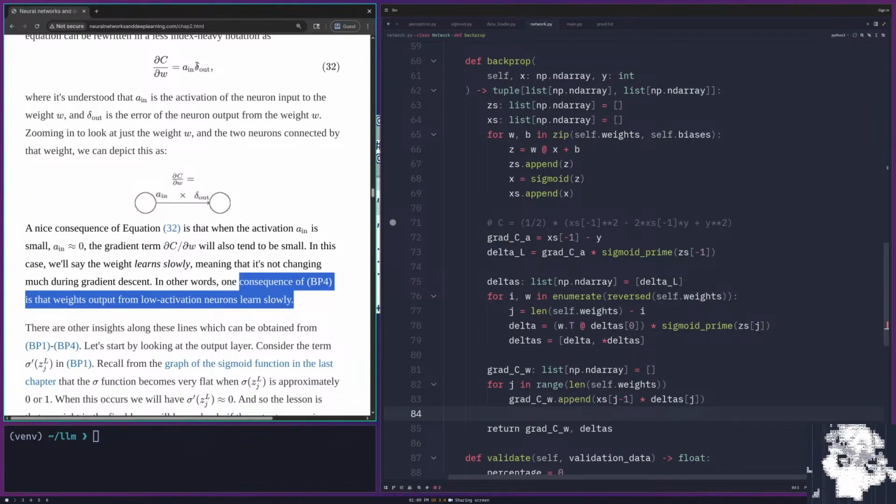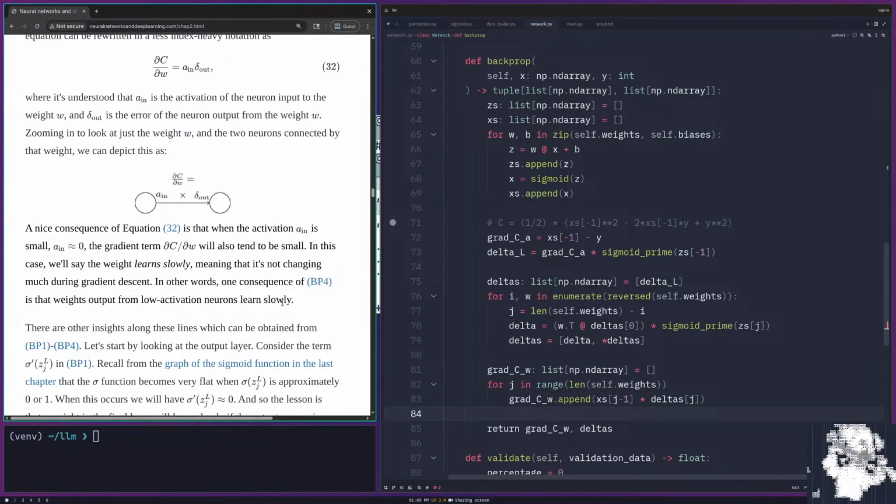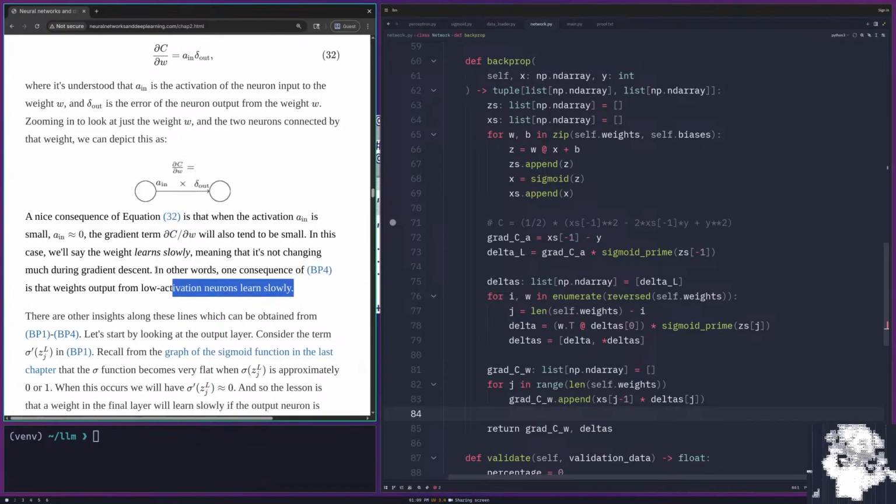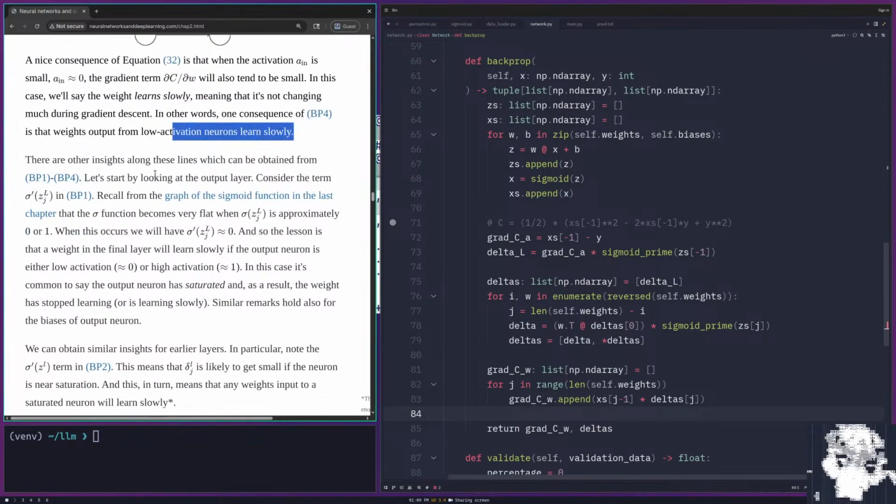So if the activation is low, the rate will be low. So low activation neurons learn slowly. There are other insights along these lines which can be obtained from BP1 to BP4. Let's start by looking at the output layer.